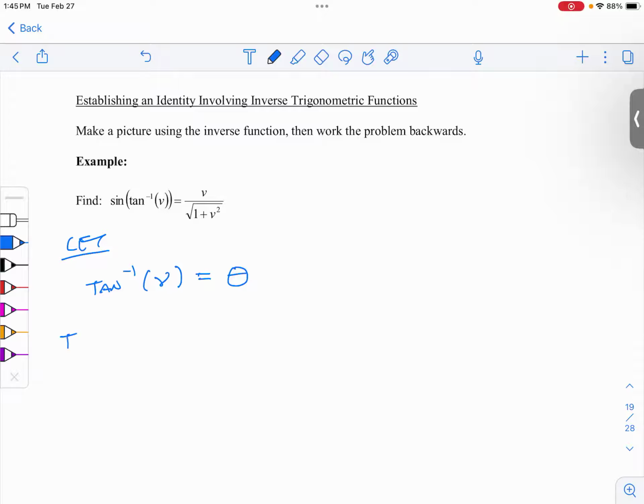So to solve this, take the tan of both sides.